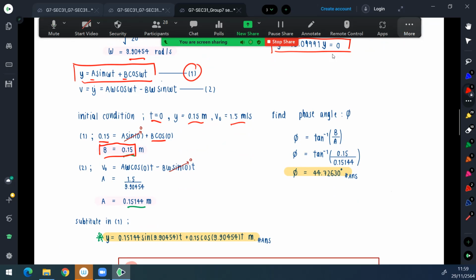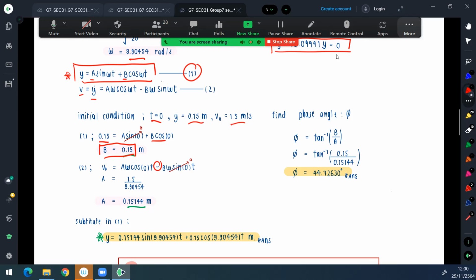After that, we take the first derivative of this equation, we obtain y dot, and y dot is v, the velocity. The velocity term is composed of A omega cosine omega t, sorry, minus B omega sine omega t.